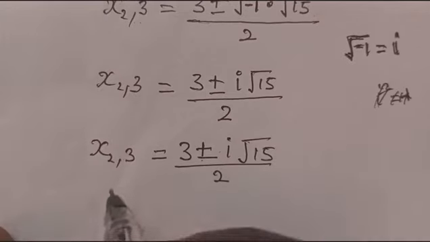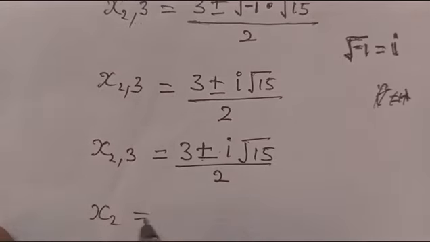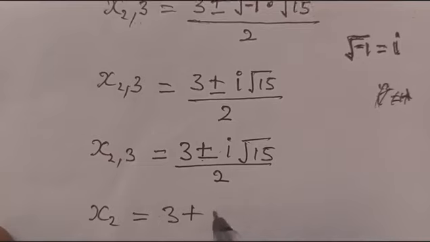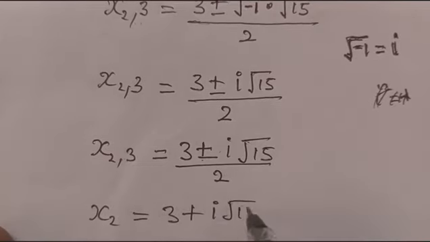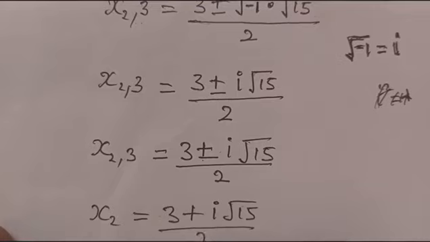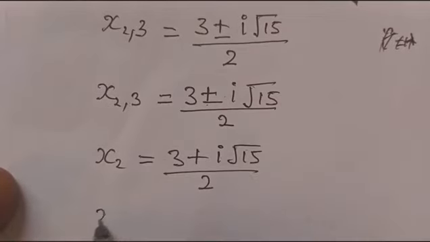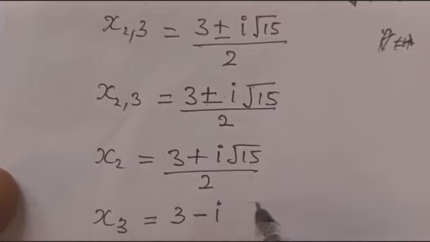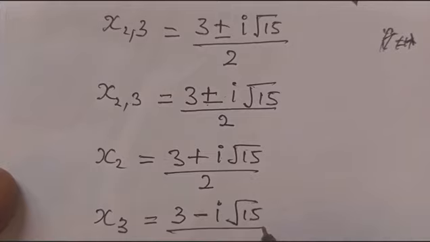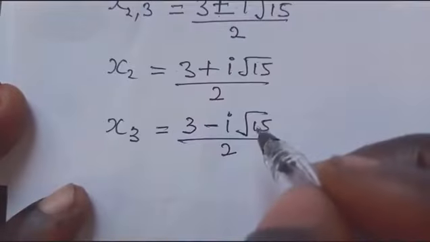Which means our x2 is equal to 3 plus i square root of 15 divided by 2. Then x3 equals 3 minus i square root of 15 divided by 2.